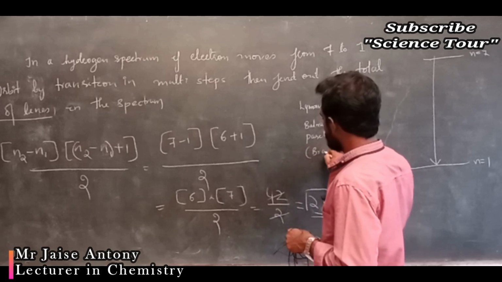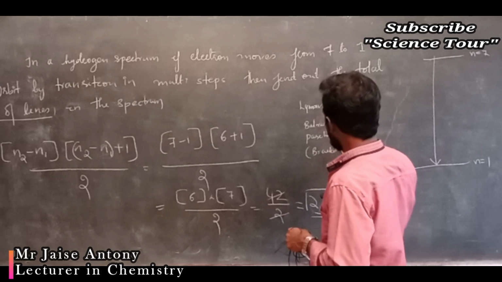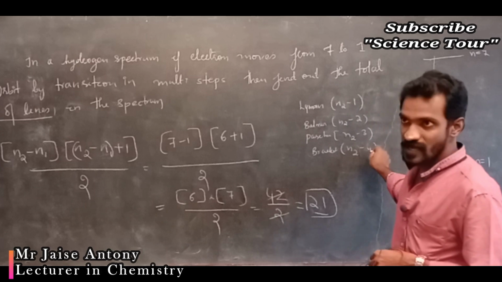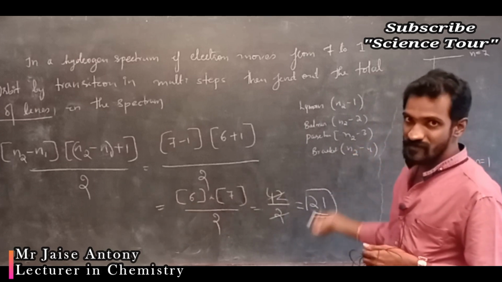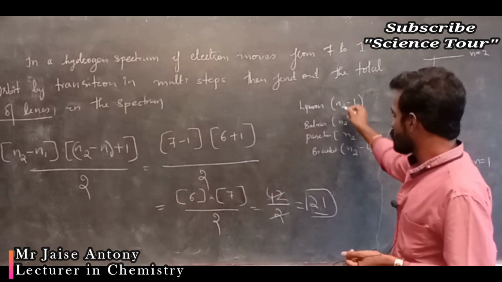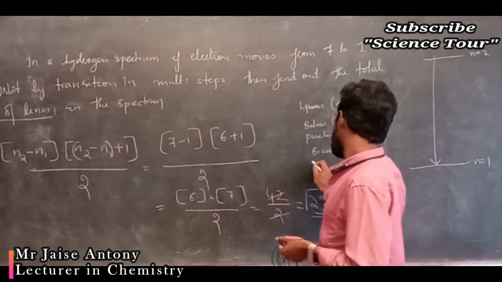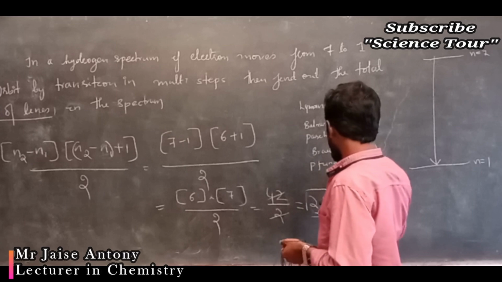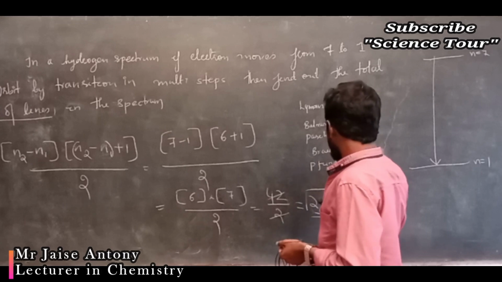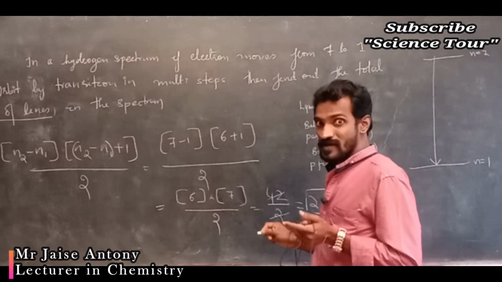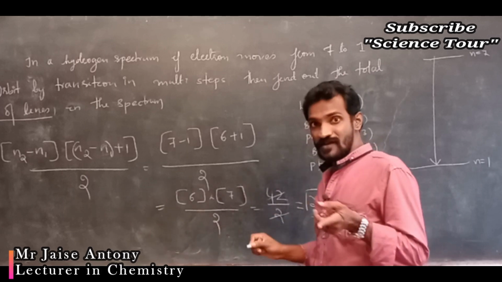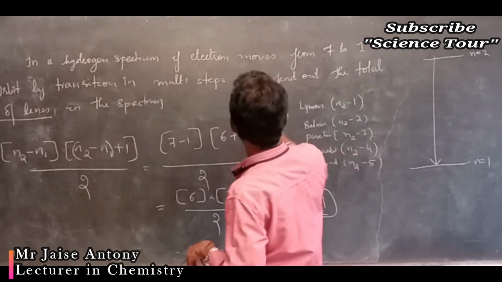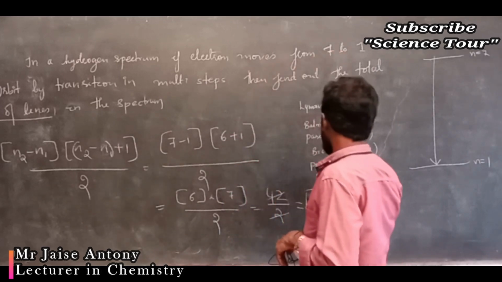Brackett series, N2 minus 4, because the fourth level is the N1 level. N2 level means the next higher energy level. Here N2 level is 7. Pfund series, N2 minus 5. Here 5 is the N1 level, and N2 means the next higher energy level, which here is 7.